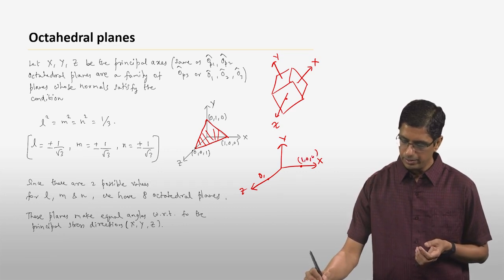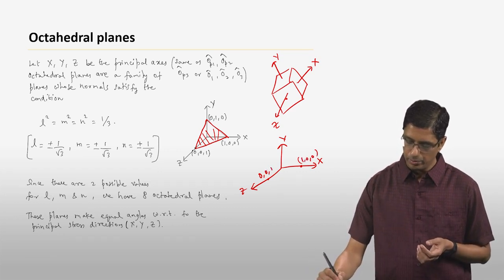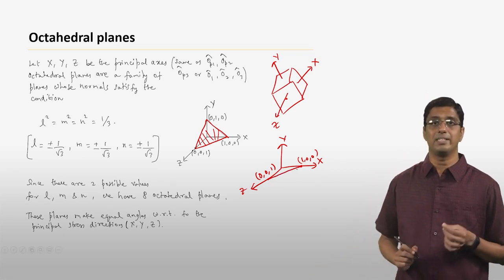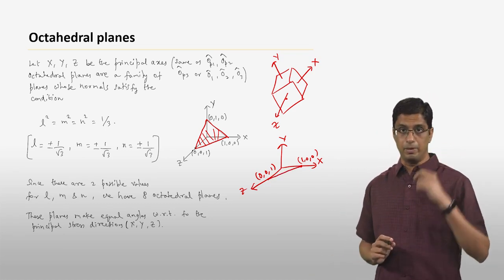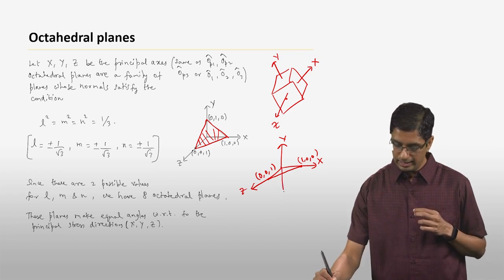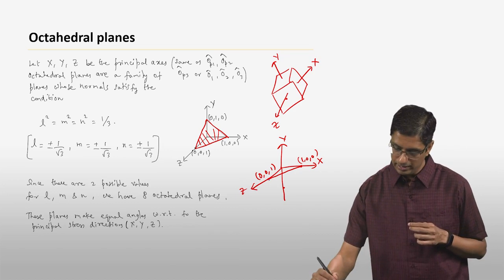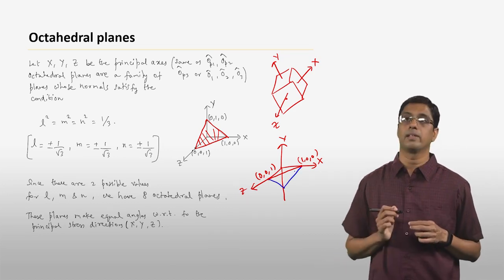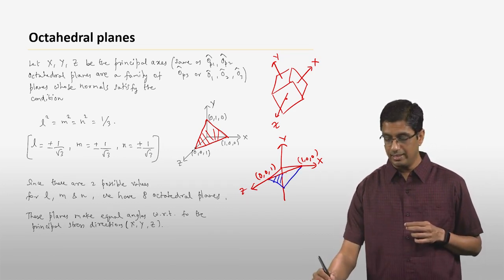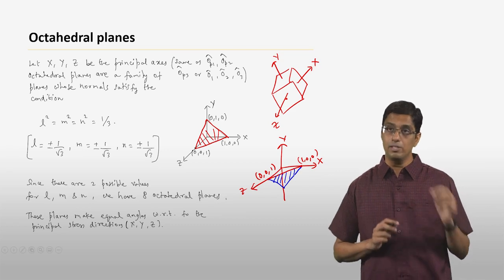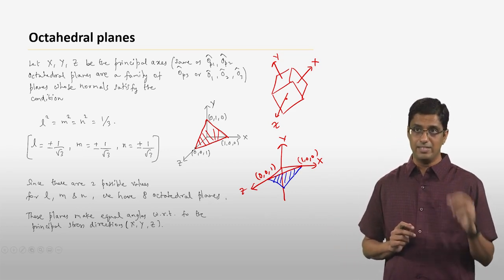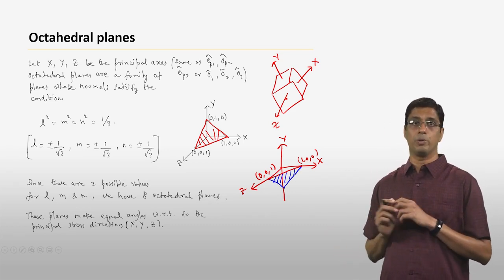The plane passes through both these points. But then, instead of intersecting the y-axis at positive 1, it can intersect the y-axis at negative 1. So this will be the plane now. That is another octahedral plane that also satisfies the condition that l squared plus m squared plus n squared equals 1 over 3.